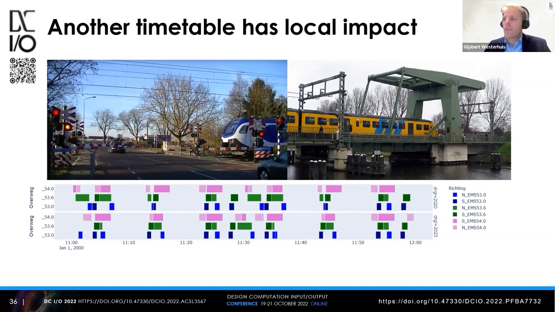If you, for example, have a closed level crossing for more than 5 minutes, or a level crossing opens after a train has passed and then closes again after a very short while, people have a tendency to just run the lights. So that is actually part of timetable design currently. And you have all kinds of level crossings, but also bridges within the Netherlands. So this is a complication.